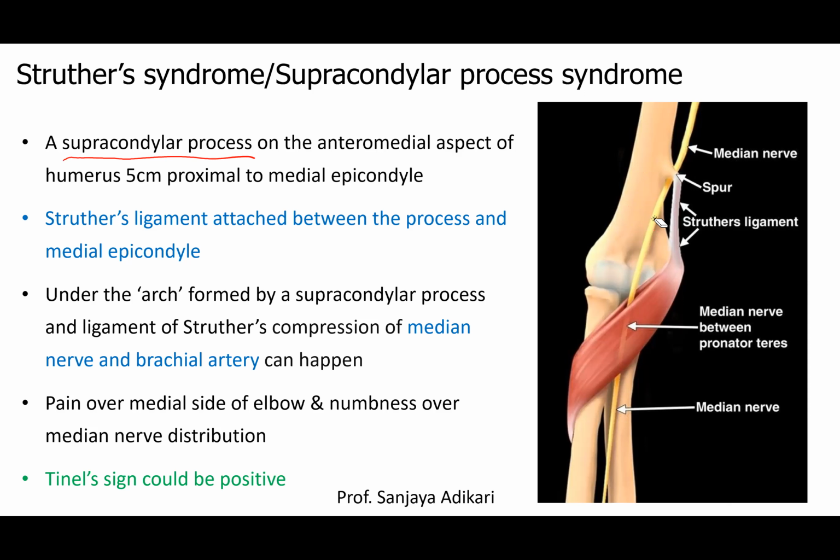Now, when the process is there, usually there is a ligament attached between this process and the medial epicondyle. Okay, so that ligament is called Struther's ligament. And the median nerve and the brachial artery pass through the arch formed by the process and the ligament, and they are vulnerable to compression in that area.